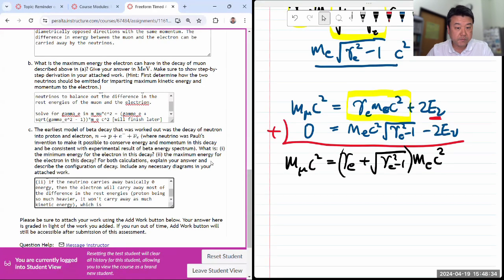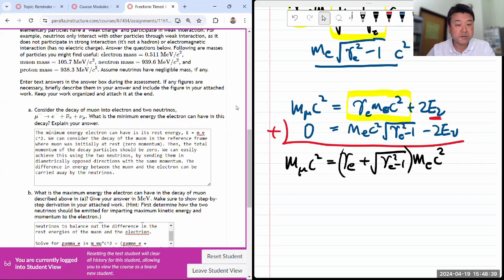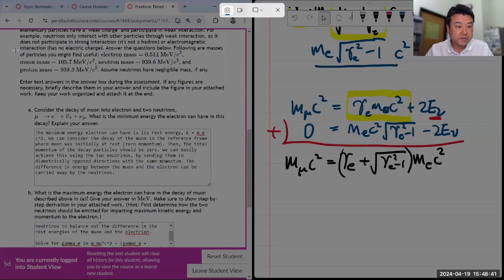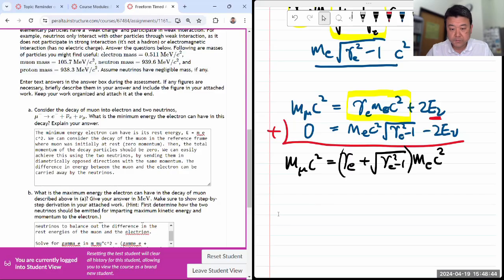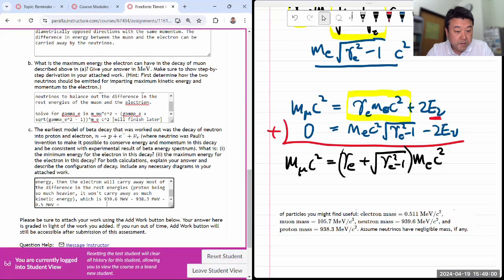Let me refer up there. So 9.3, let me do this. Going back and forth will waste so much time. So, which is 939.6 MeV minus 938.3 MeV minus 0.5 MeV is equal to, so it's 938.8, so 0.8 MeV.